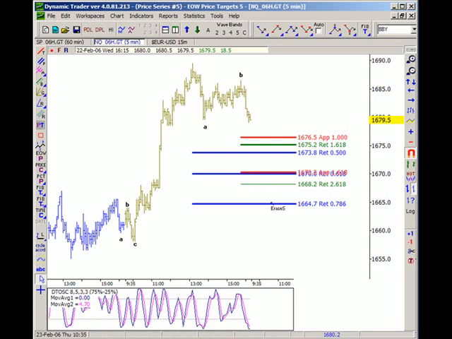So we can take this 78.6% off, because if this market is making an ABC, it should make its low right in this zone of about 1673 to 76, and an extreme about 68 to 70. So we're prepared in advance for these price target zones.